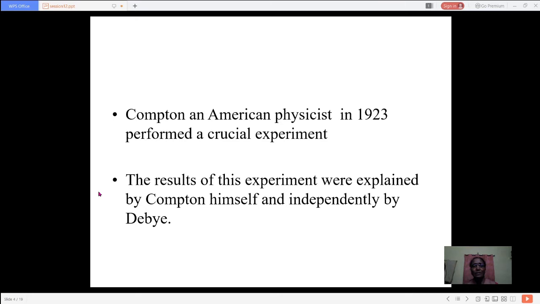In the year 1923, he did a very wonderful experiment and he tried to explain the results of the experiment which he got, and Debye, another scientist, independently gave the explanation too.